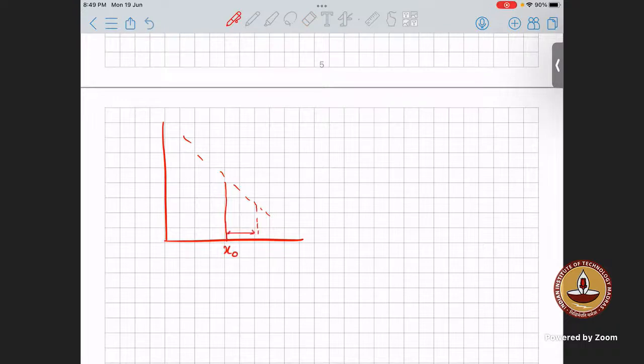We will select two equidistant points from x naught. One is x naught plus h, and the other is x naught minus h. Agree?